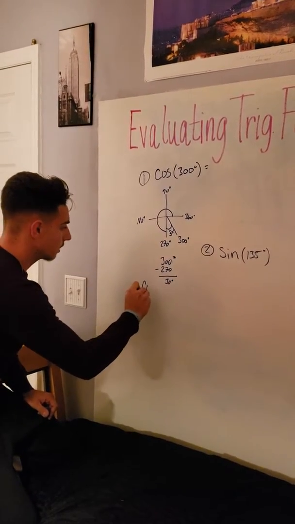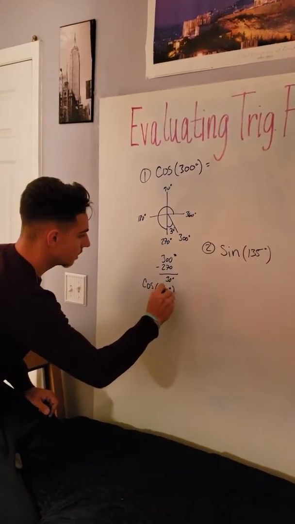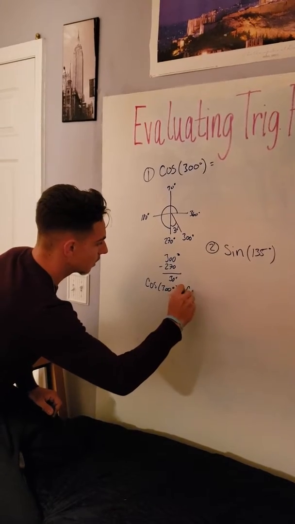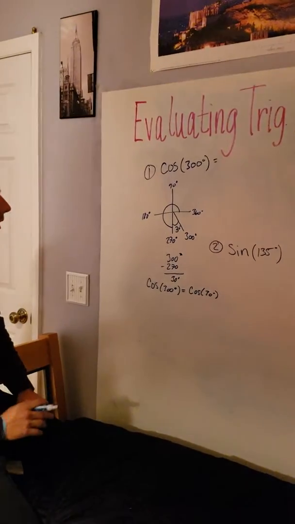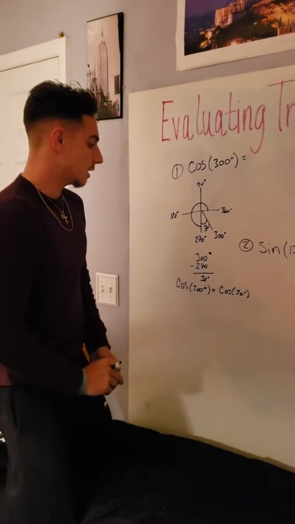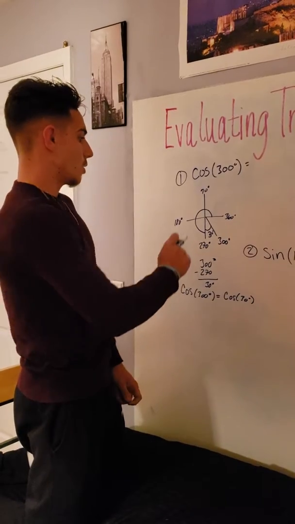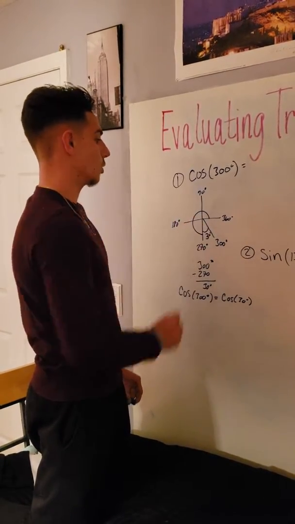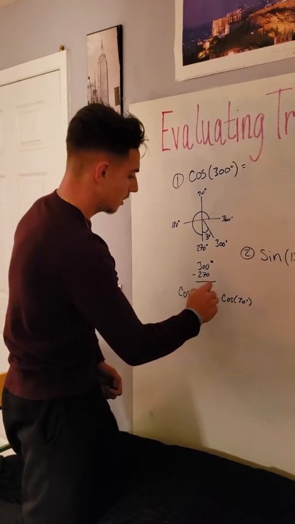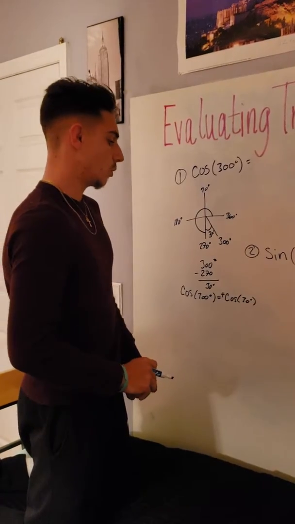So then we come down here, and the cosine of 300 degrees equals the cosine of 30 degrees. And we need to figure out if that is positive or negative. So then we know that the x value in the fourth quadrant is positive, and so we know that that is going to be positive as well.